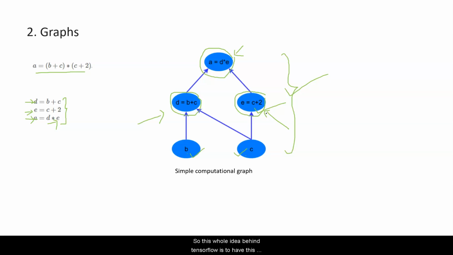So the whole idea behind TensorFlow is to have the ability to create this computational graph in code and allow significant performance improvement through parallel operations. So in short, TensorFlow optimizes its computation based on the graph's connectivity.